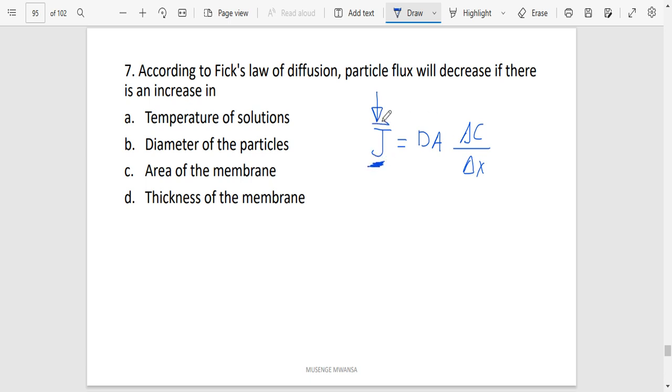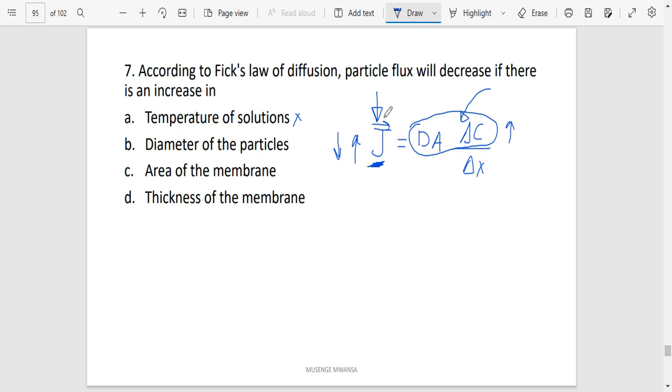Remember, this is proportional to these terms which are on top here. If I want to increase the rate of diffusion, I need to increase these quantities which are on top. But if I want to decrease the rate of diffusion, I need to decrease any one of these factors which are on top. So I need to have either, of course, temperature is not mentioned in Fick's law, diameter.